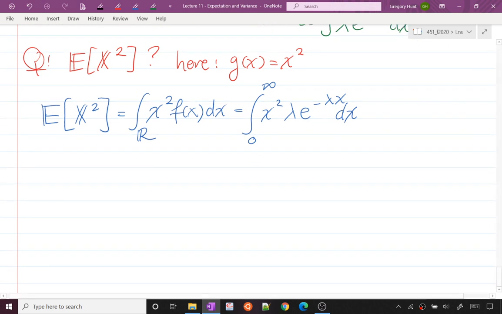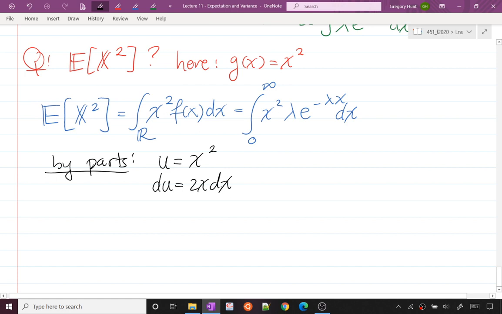This looks like another integration by parts problem. So let's at least start the by parts problem. It's going to be simpler than the last time. We had luck last time. Let's say u is x squared, which means du is 2x dx. And that would mean that dv should be lambda e to the negative lambda x dx. And so, as we saw last time, v is negative e to the negative lambda x.